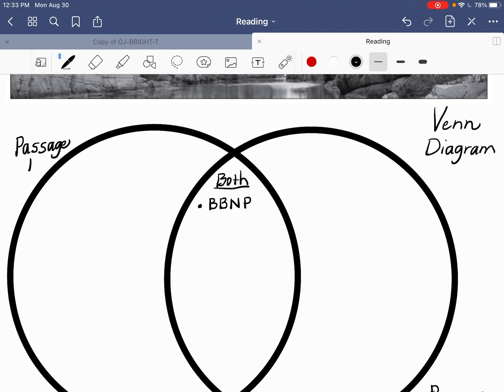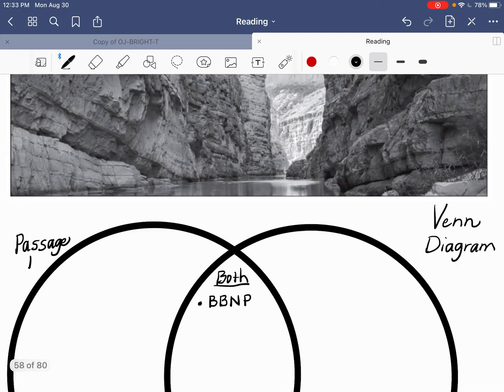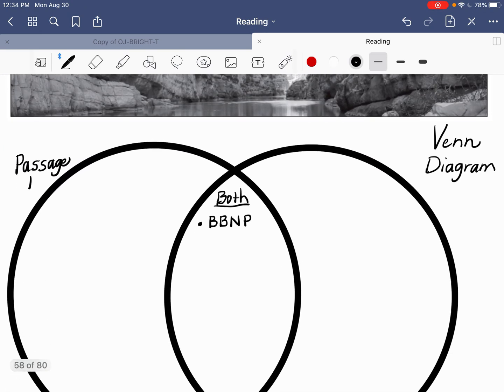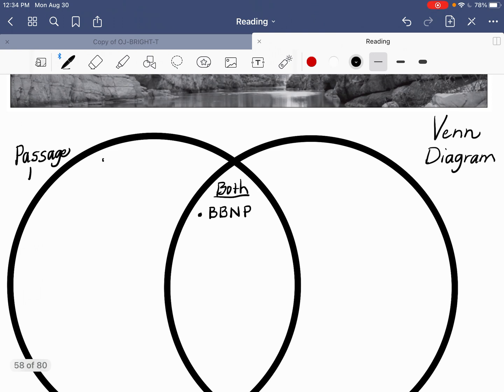Okay. The next thing is passage 1. Two words that describe Big Bend are remote and dangerous. Passage 2 doesn't say that. That's just passage 1, so I'm going to put that over in this circle. Remote, dangerous.